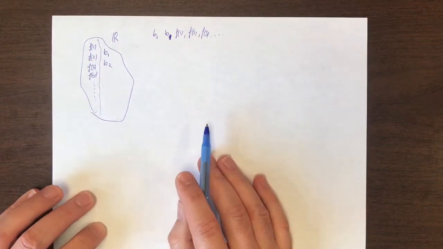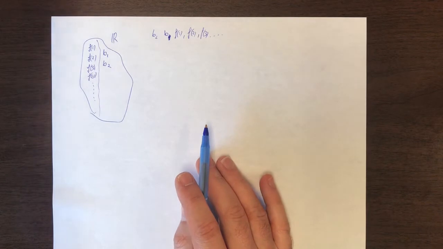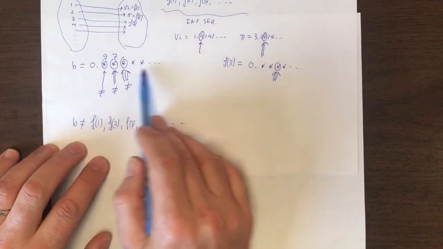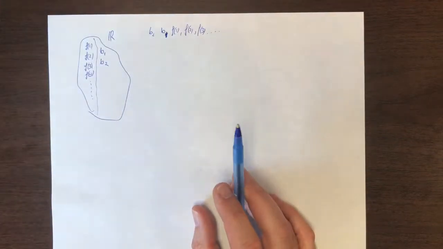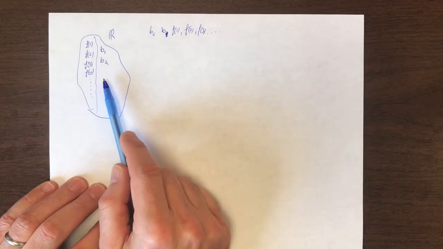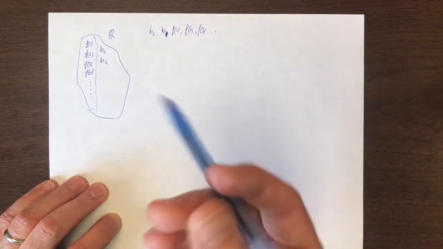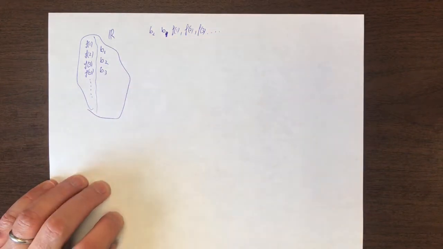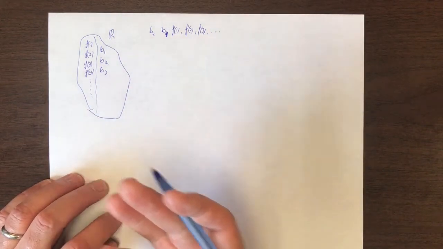But now we can apply the same trick to construct a number that is not in this sequence either. So in other words, there is still another real number out here that isn't in this sequence. Let's just pick one of those and call it B3. And now you can see where this is going.